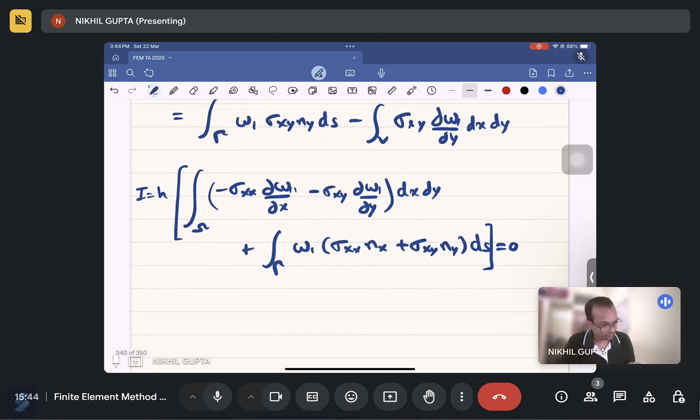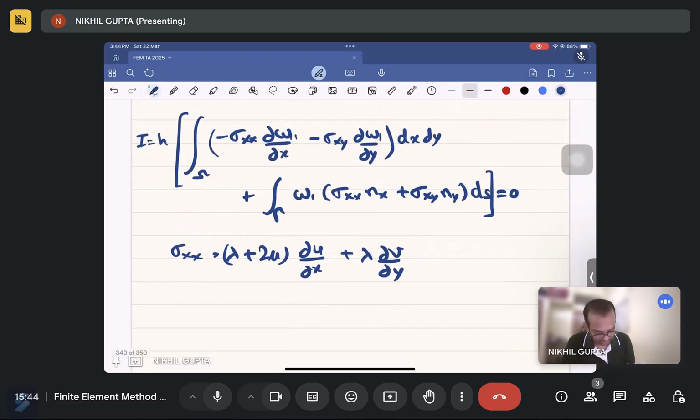Okay, so we all know one identity: sigma xx equals lambda plus 2 mu times epsilon, or del u by del x, plus lambda times del v by del y.